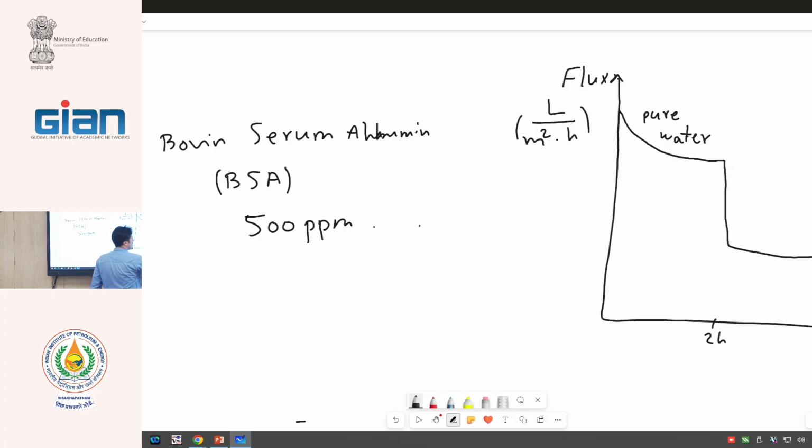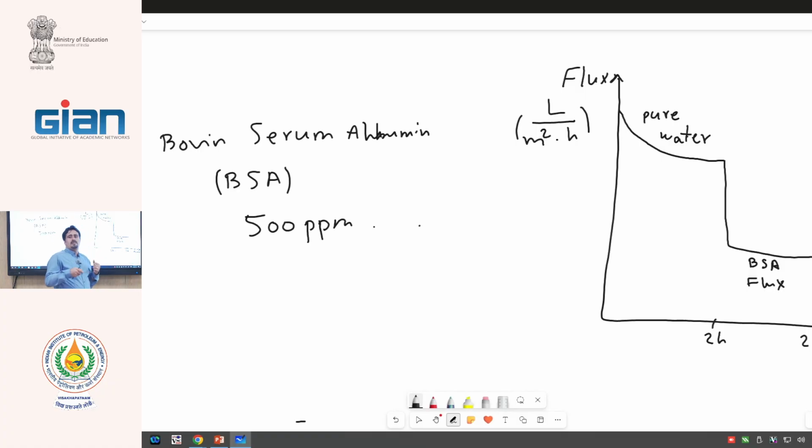And we usually test the BSA for 1 hour or 2 hours. This is the BSA flux, with a standard solution mostly, but we can use other foulants. And after 10 minutes, 20 minutes, we reach a stable flux, okay?